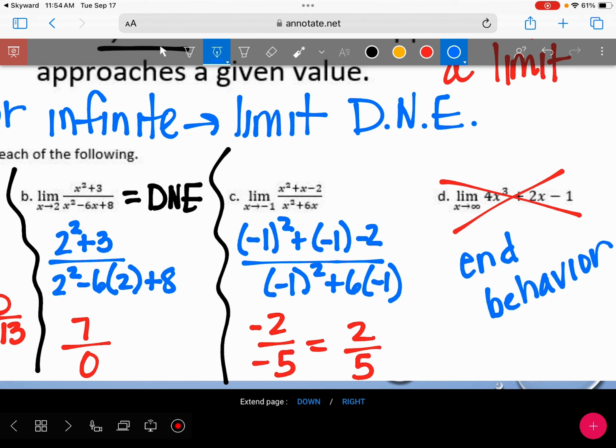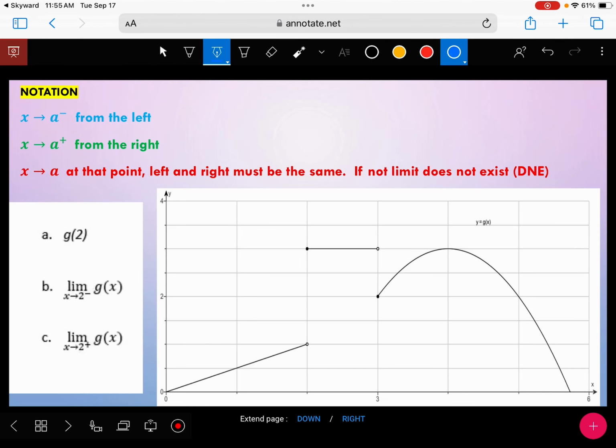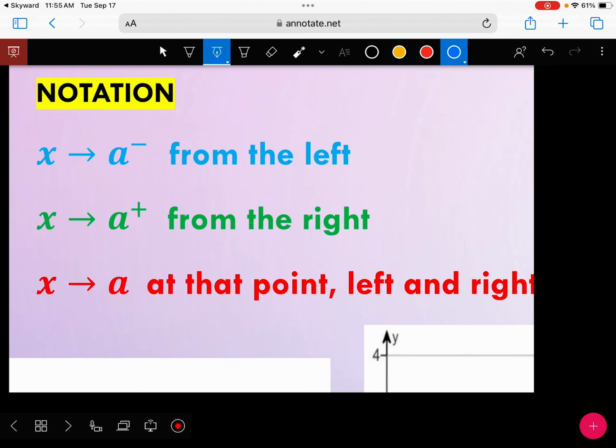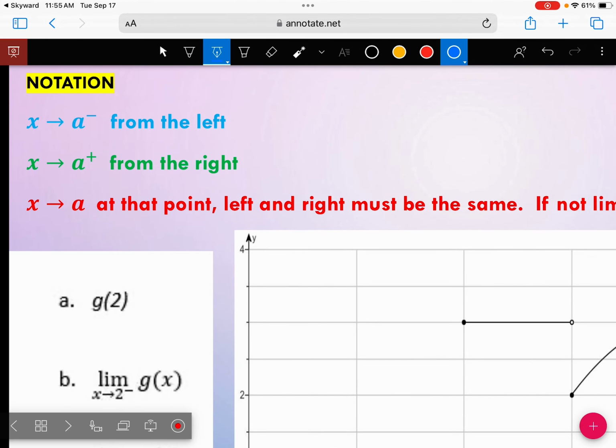All right, so now let's start looking at graphs. This is the big part. The majority of your quiz is looking at a graph and determining the limit. All right, so first of all, let's talk about notation. And I don't know if you want to write that down if it's not on your paper. But when you see this little minus sign after the number, the minus sign after the number, not before it.